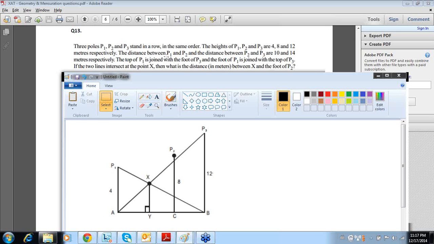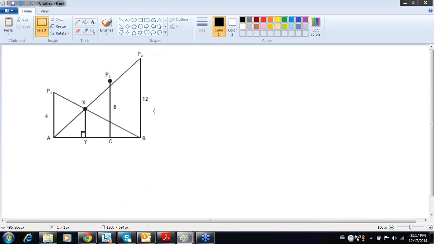Distance between P1 and P2 and the distance between P2 and P3 is 10 and 14 centimeter. The top of P1 is joined to the foot of P3 and top of P3 is joined to the foot of P1. If they meet at point X, what is the distance between X and foot of P1 and P3? That means XY. XY is the distance that we need to calculate.